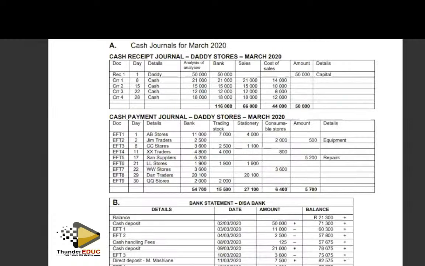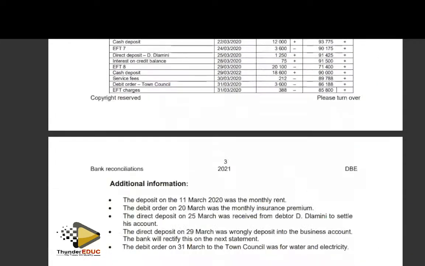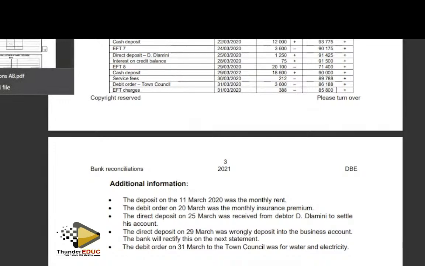So I'm going to change this figure, 116,000. Even the totals they started with were wrong, so we can't take these totals. Let me check the additional information. Deposit of 11,000. Yes, we are going to change those totals. Let me change them first, then we proceed.